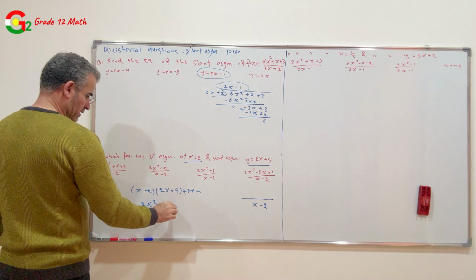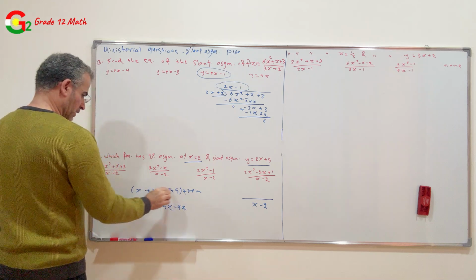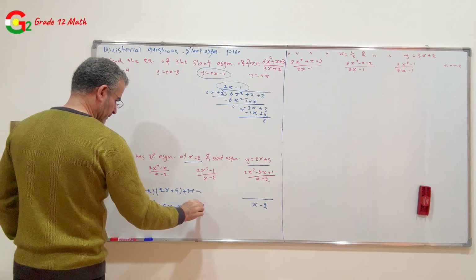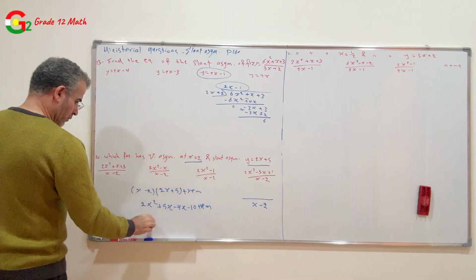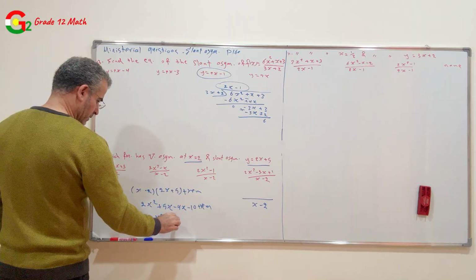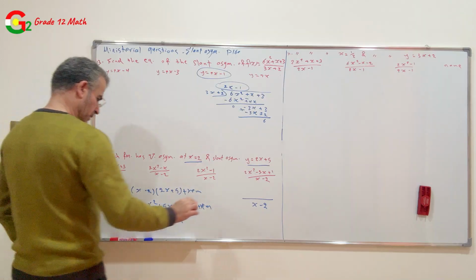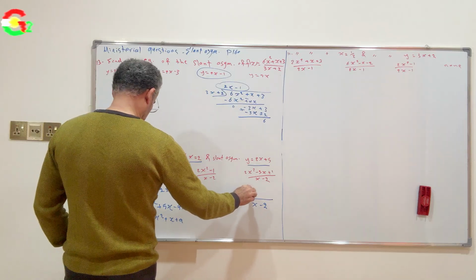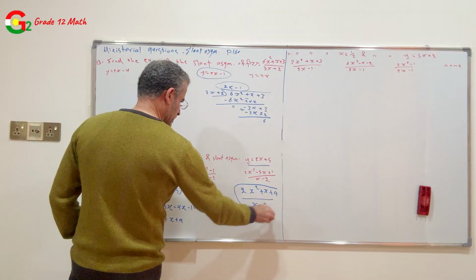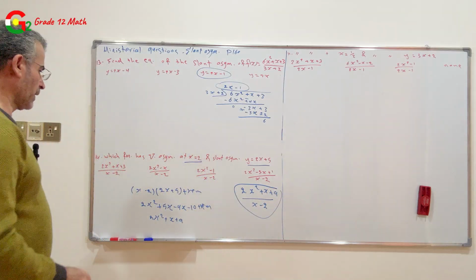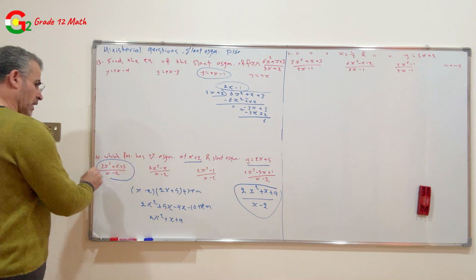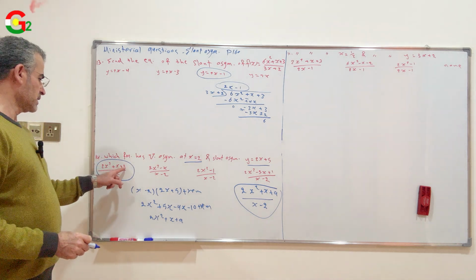Negative 2 times 2x, negative 4x. Negative 2 times 5, negative 10, plus the remainder. 2x power 2, 5x minus 4x, x plus the remainder, a. Then the result is 2x power 2 plus x plus a over x minus 2. Then the right choice is A, and the value of a is 3.